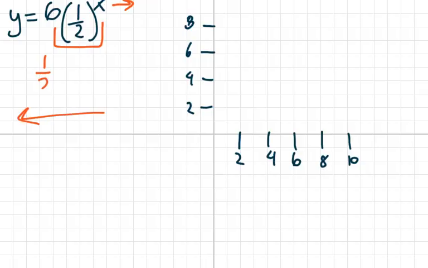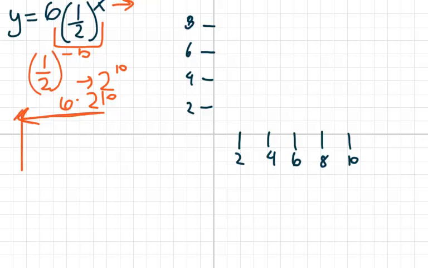Well, 1/2 to a really large negative number, let's say like negative 10, would cause this to flip over and turn into 2 to the 10th, which is like multiplying 6 by some really large number. So as x goes negative, this graph goes really high up. As x grows in the positive direction, this graph gets lower and lower.